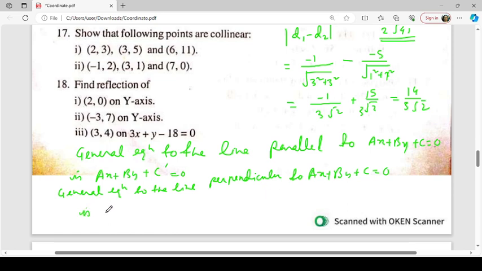We interchange the coefficients, so we write the coefficient of y as the coefficient of x, it is bx, then change the sign, then ay plus c dash is equal to 0. So this thing we need to know. Sometimes you have to find the equation passing through the given point.